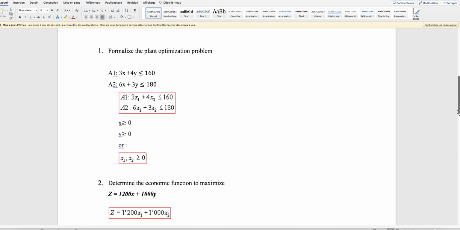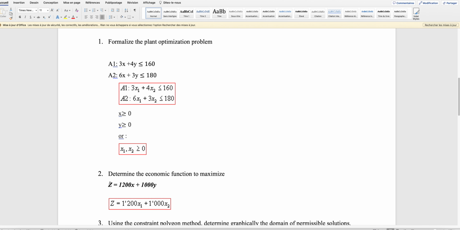So we write the economic function Z equal to 1200x plus 1000y, or if you prefer, 1200x1 plus 1000x2.